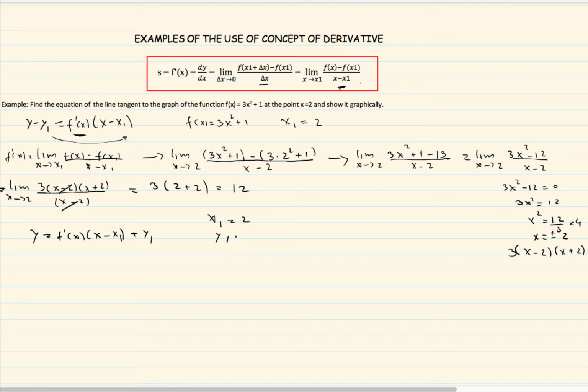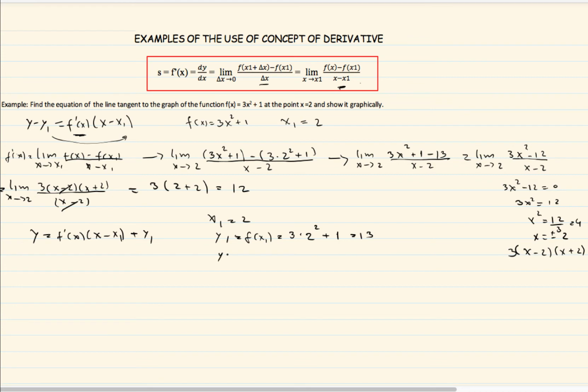So this thing, which is f of x1, is equal to, wherever in this function we have x, we replace by x1, which is 2. So we can see that y1, which is f of x1, is equal to 3 into 2 squared plus 1. So this gives what? This is 4, 12, 13.